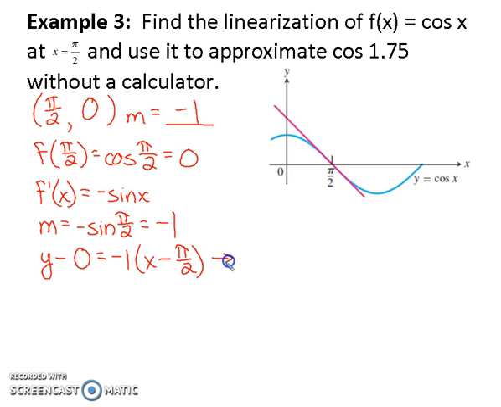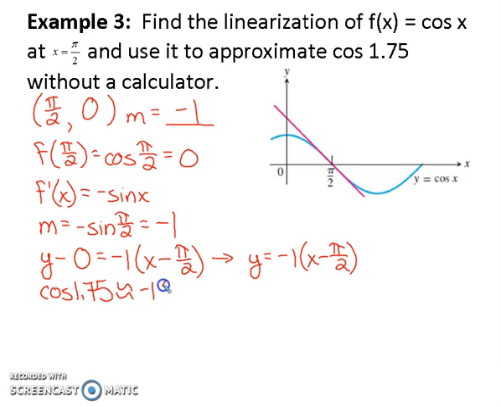So this translates to y equals negative 1 times x minus pi over 2. You do want to write it in y equals form with the y all by itself before you use it for the approximation, because then we can write cosine of 1.75 is approximately, and then we just substitute our new x, our 1.75, into that tangent line.